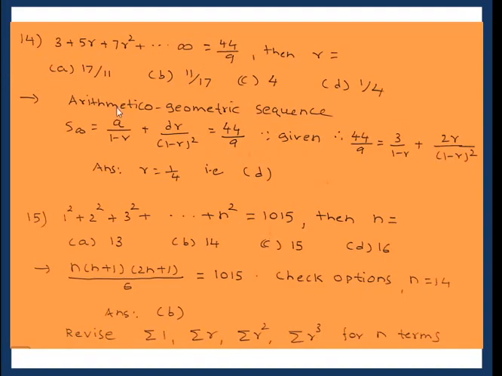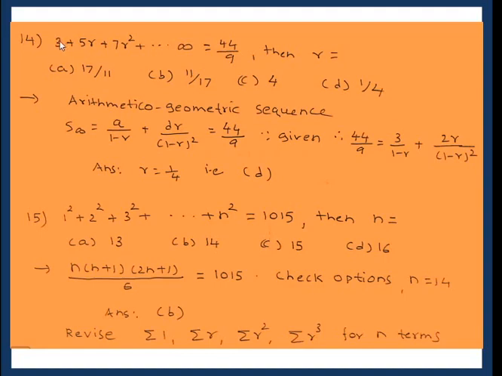Consider the geometric sequence 1, r, r square. A sequence obtained by multiplying corresponding terms of AP and GP is called an arithmetico-geometric sequence. Now the sum to infinity of this exists if and only if the modulus of the common ratio is less than 1, that is minus 1 less than r less than 1.